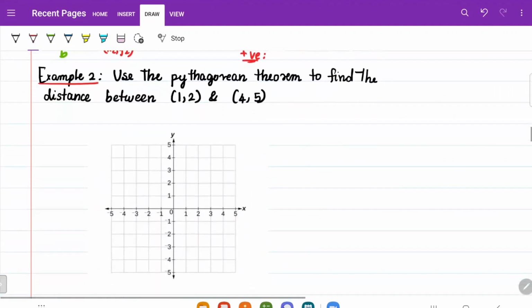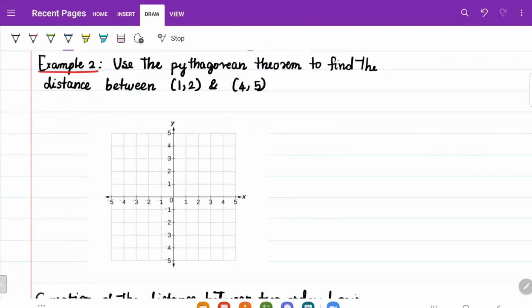Okay, let us do example number 2 now. Let us first plot the points 1, 2 and 4, 5, and then find the distance between them. 1, 2 is x equals 1, y equals 2, and this is 1, 2. 4, 5 is x equals 4, y equals 5, and this is 4, 5.